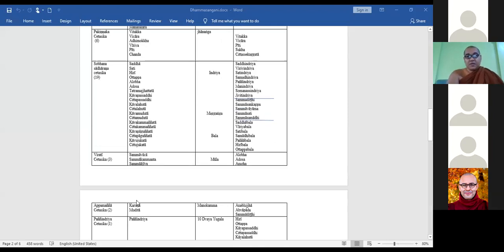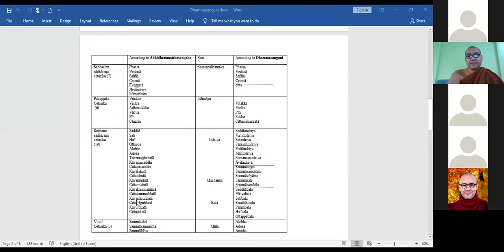So altogether there will be 38 Chitasikas. This is the maximum number with which Mahakusala Chetas associate.